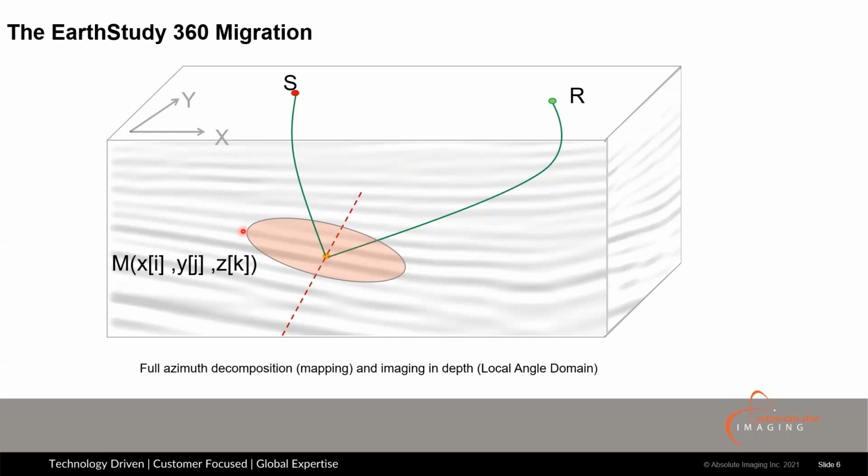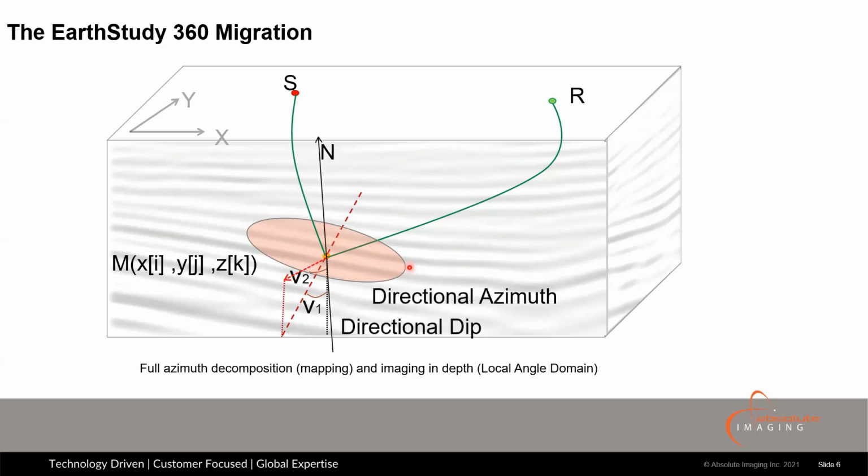So you have a dipping structure here, and this dipping structure has a directional dip. There can also be a directional azimuth of those structures. These all depend on the structure itself, right? So as we know, it's a directional azimuth and directional dip.